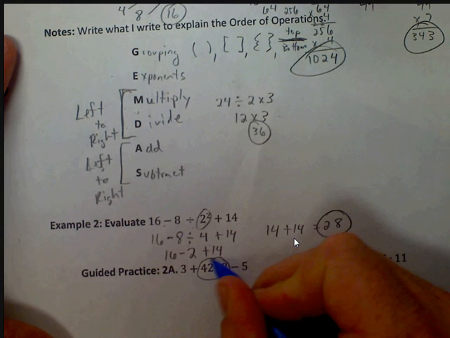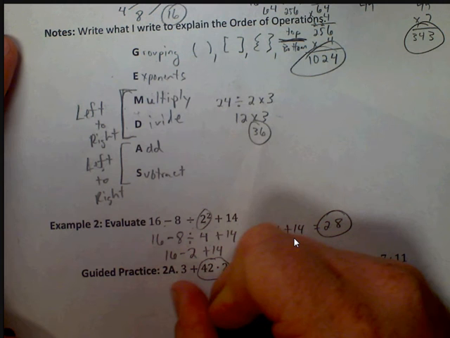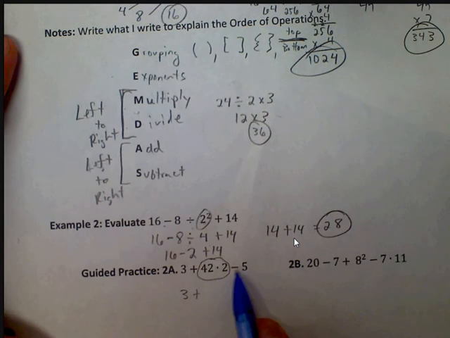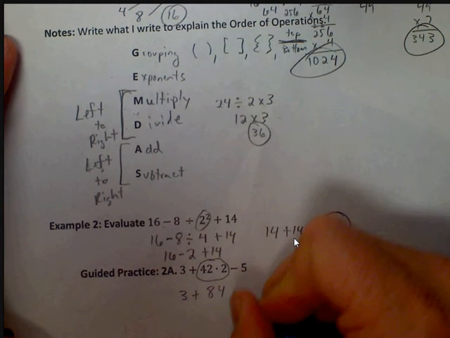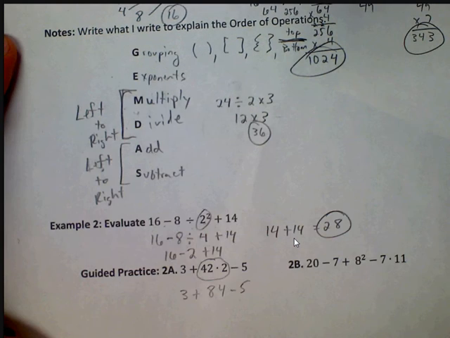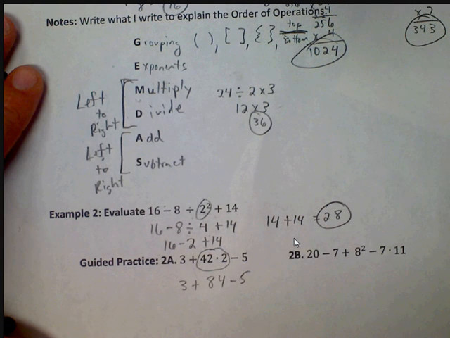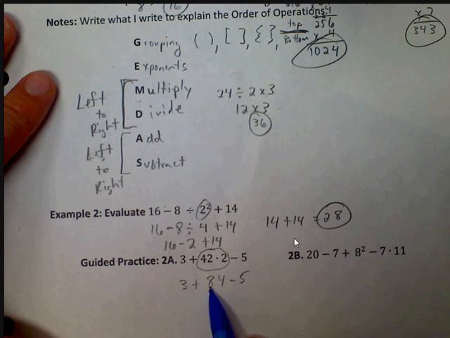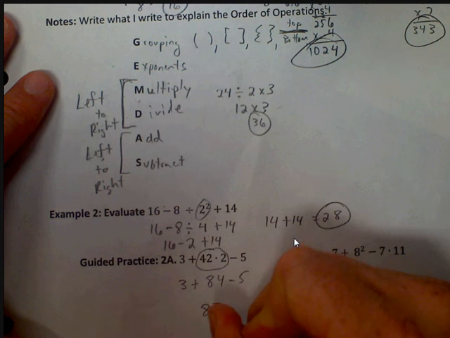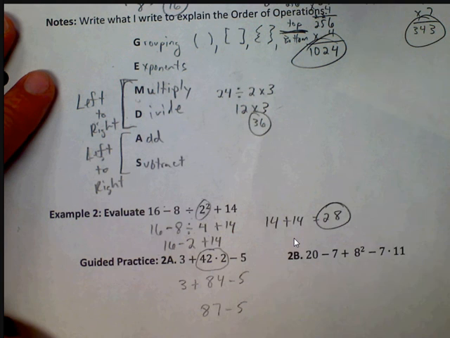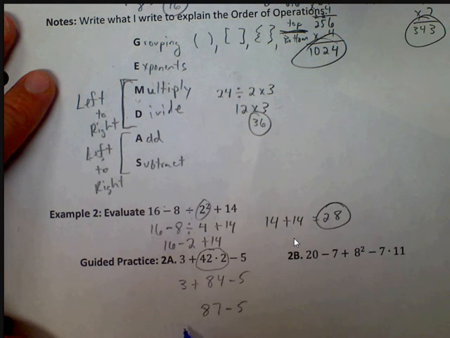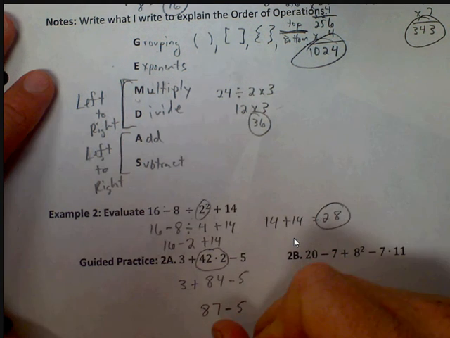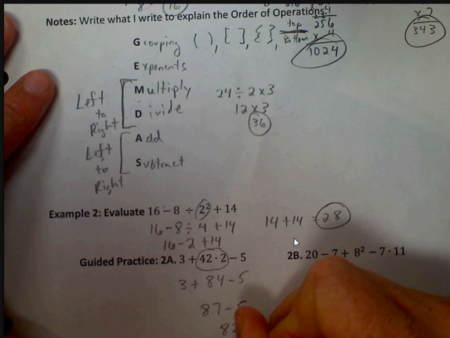We must multiply first. 3 plus 42 times 2 is 84 minus 5. Then we must add or subtract left to right. 3 plus 84, 87, bring down the minus 5. 87 minus 5, 82.